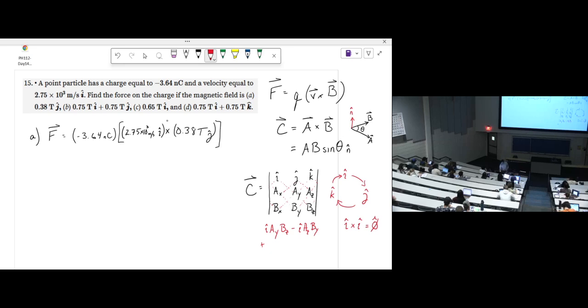But as far as this is concerned, our vectors are I hat crossed into j hat, which means our resultant should be in k hat. But don't forget, we've got this negative out front here. The final result for this one comes out to be minus 3.8 micronewtons in k hat.